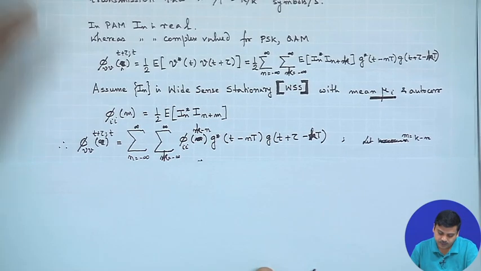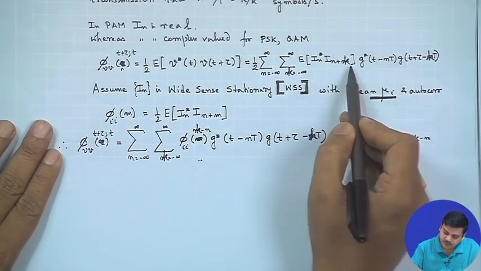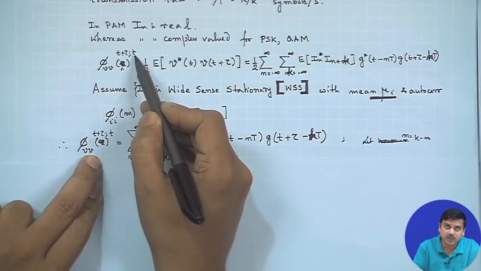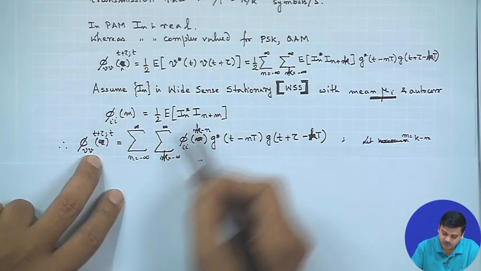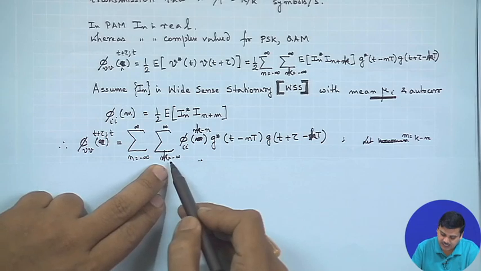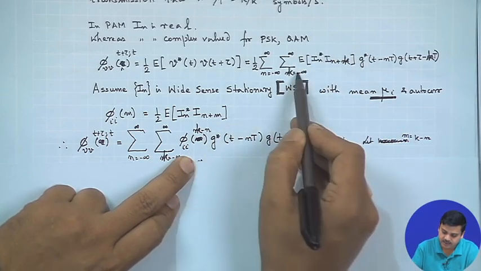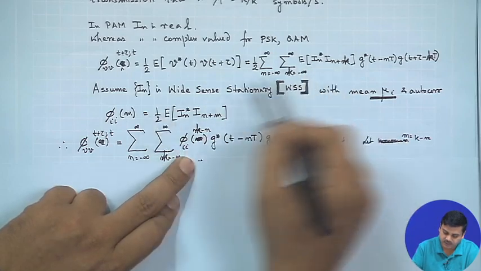Now if you would expand this expression, we are going to get phi v v of t plus tau, t, that is the same expression here. We have n, we have k, and here we have simply replaced phi I of k minus n as per the relationships over here.